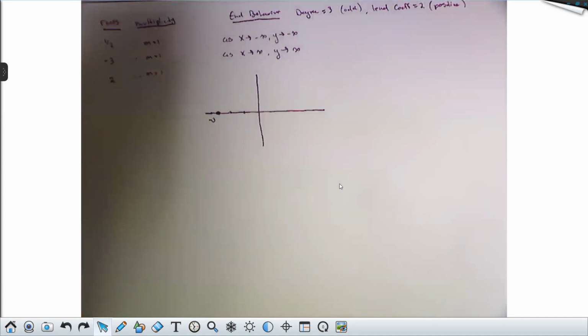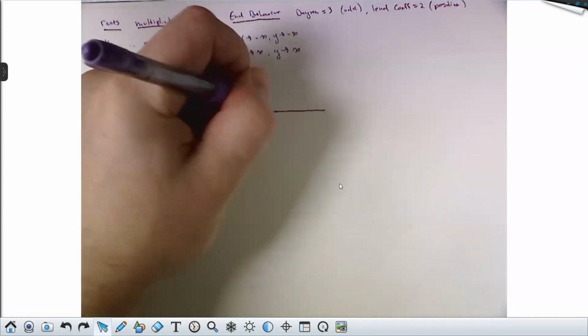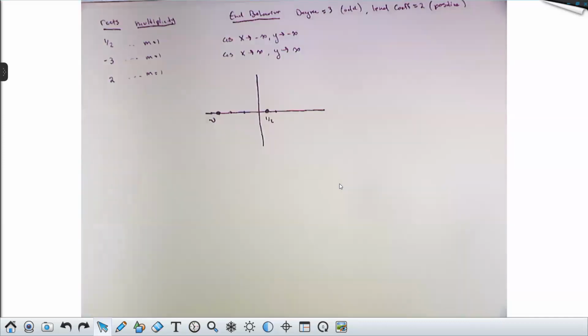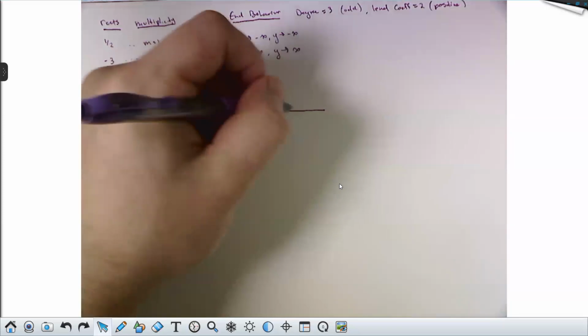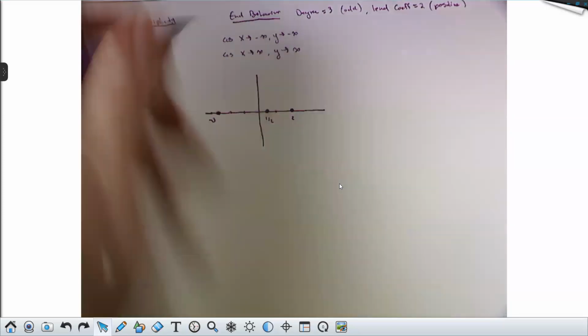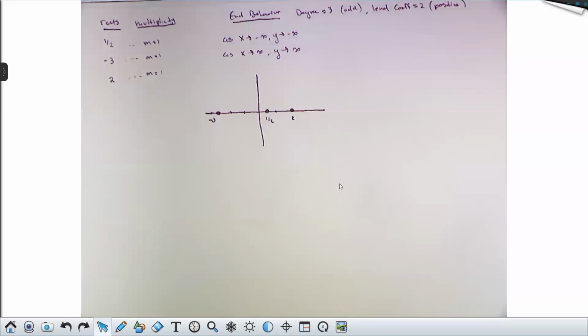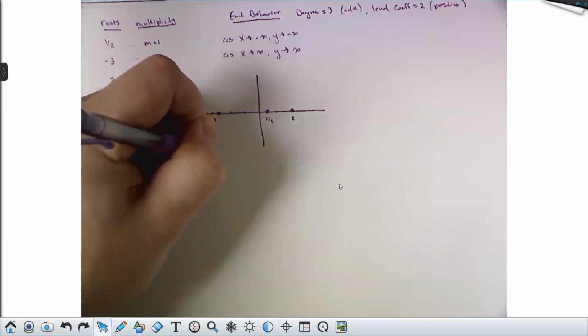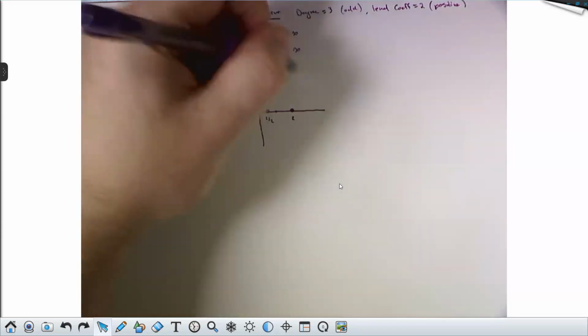Positive 1/2, so if here's 1, then here's positive 1/2. And positive 2, which would be out here. So I've got my roots. My end behavior, we're going down on the left and up on the right.